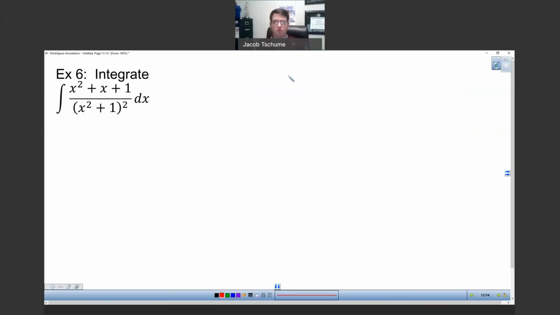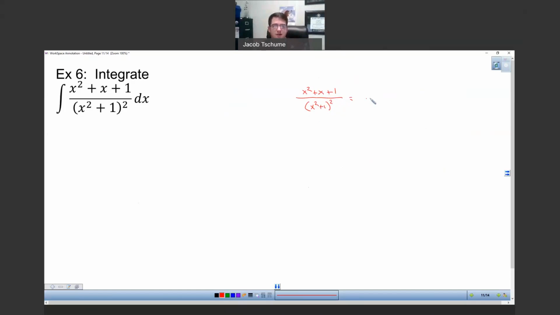You're not going to be able to factor this any more than it already is. But when I go to rewrite this and start talking about the breakdown, so we put the problem over here on the right, I notice that x squared plus 1 is an irreducible quadratic, but it's being repeated twice because of the square. All right?